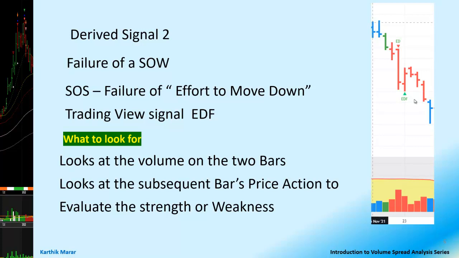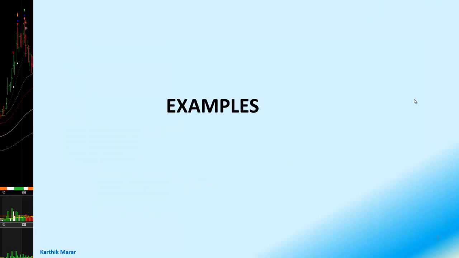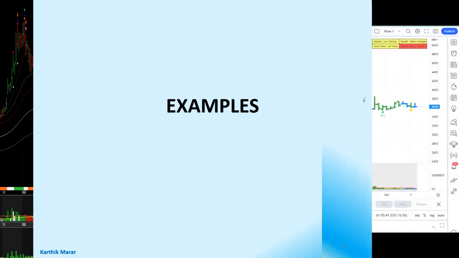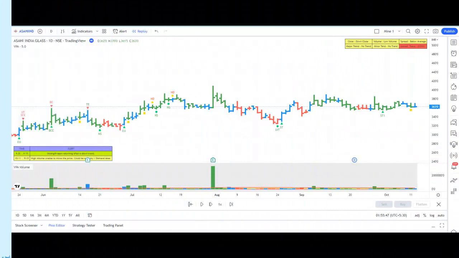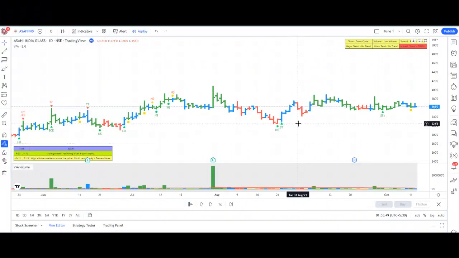Now let's look at some real life examples of the EUF and EDF bars. Now let us look at an example of the EUF and EDF bars.